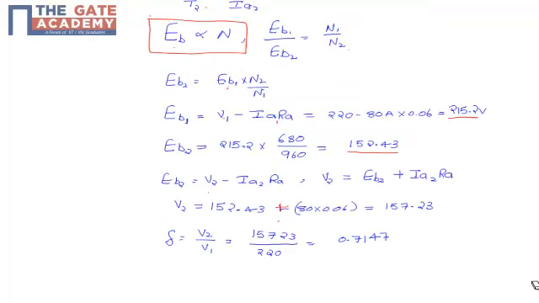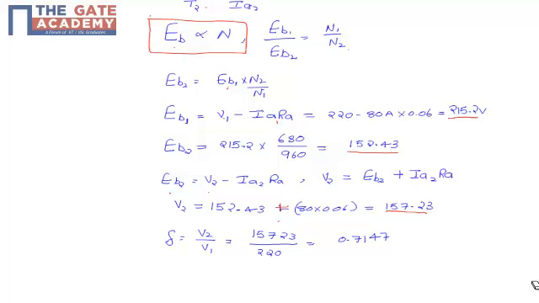After calculating EB2, to calculate the voltage V2, that is the output voltage, the formula for EB2 is equal to V2 minus Ia2 RA, where Ia1 and Ia2 are the same. So we can calculate V2 as EB2, 152.43, plus Ia2, 80 amps, into RA, 0.06 armature resistance. After calculating this, we get the value of V2 as 157.23.